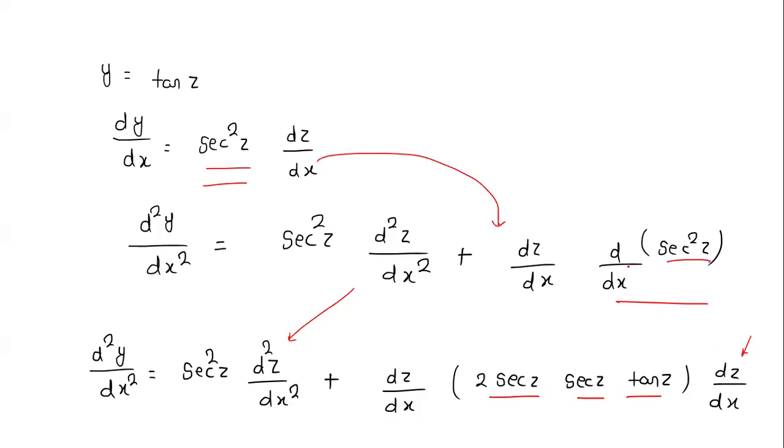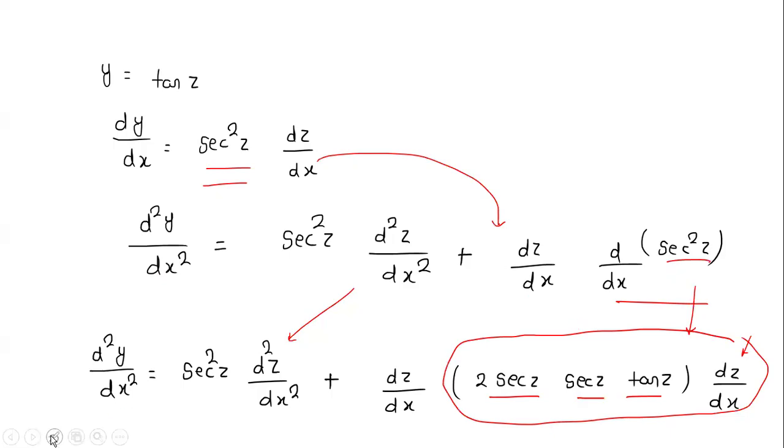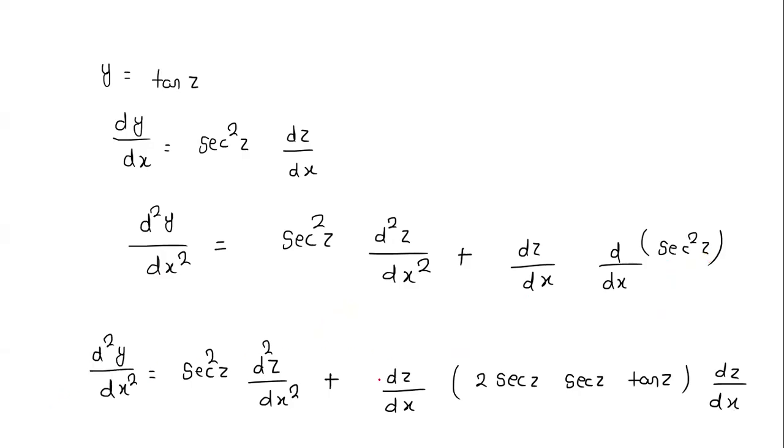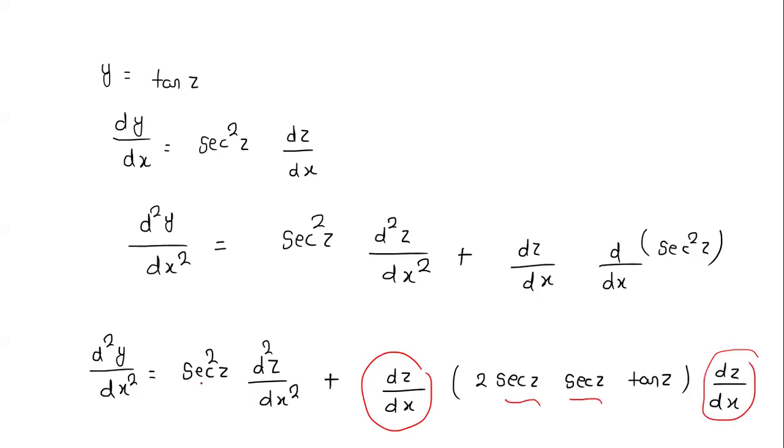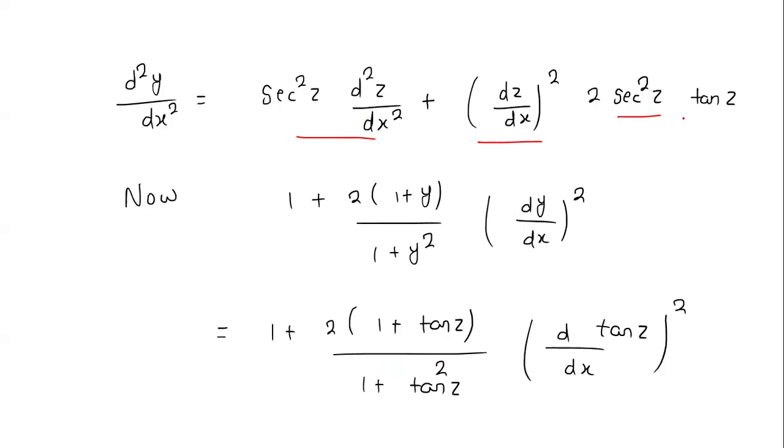So now this is the differentiation of sec z whole square with respect to x. Now you can combine this and this, and this will become dz by dx whole square. Here we have sec z and sec z, so it will become sec z whole square, and we have one tan z and a factor of 2. So this is d2y by dx square.